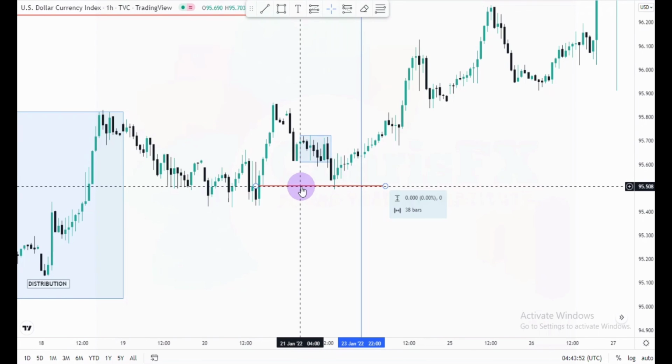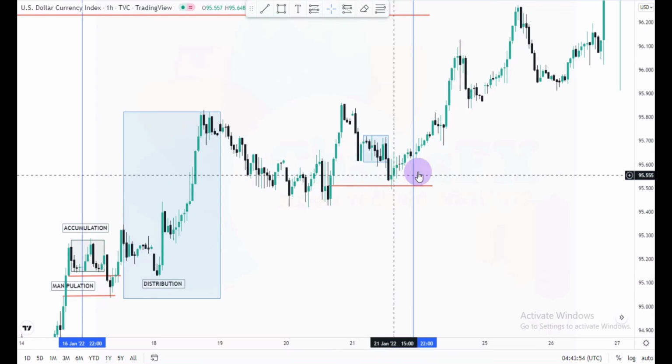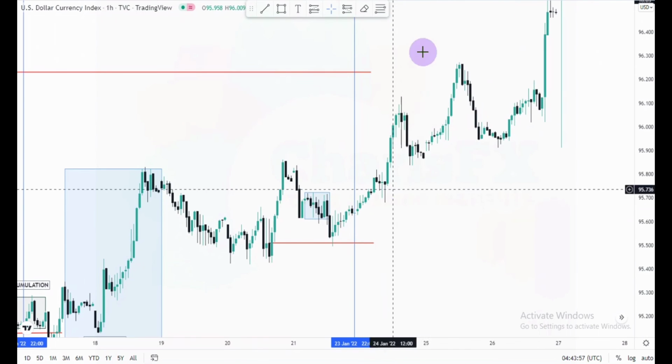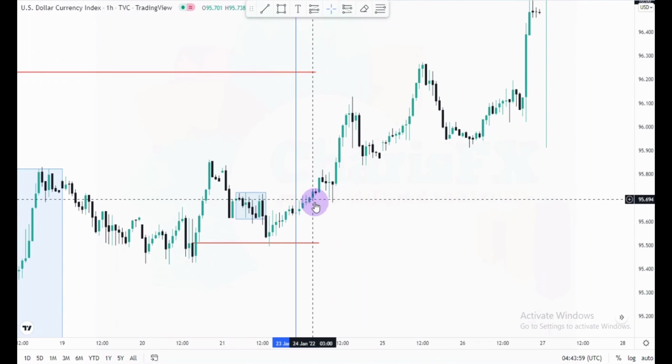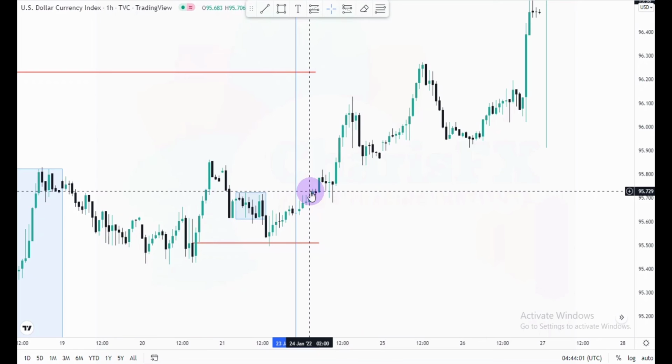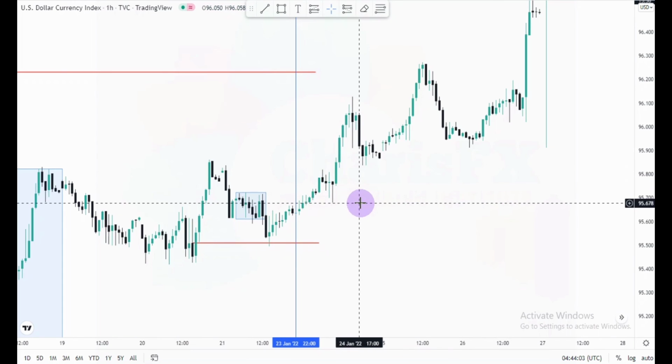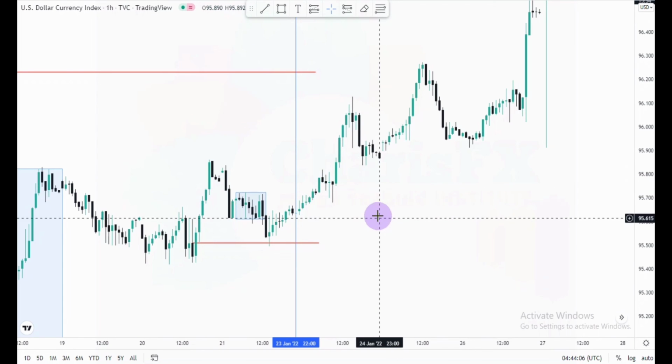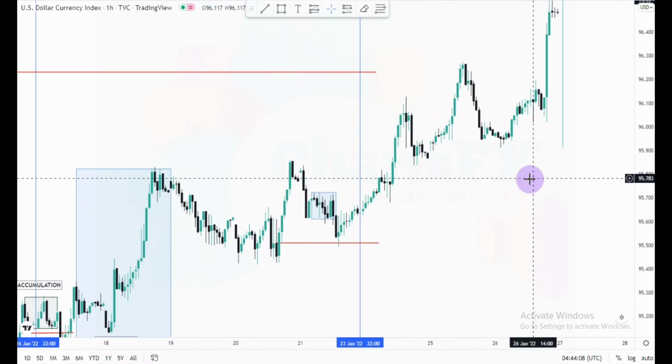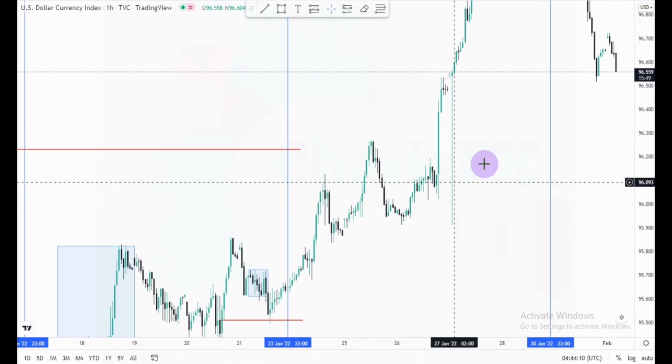A specific order block. Okay, and price has been delivering bullish. You see price broke structure here, broke structure, and returned to order block. Okay, returned to order block, and price delivered, kept delivering.